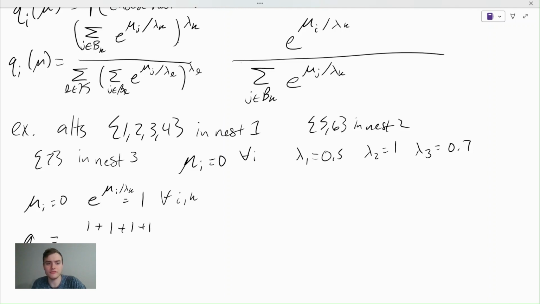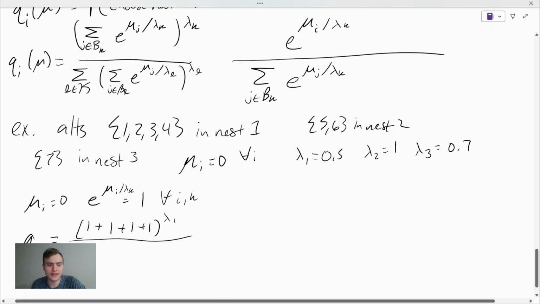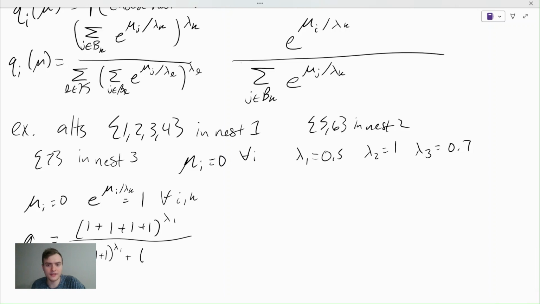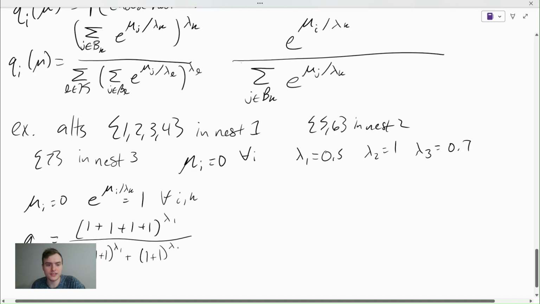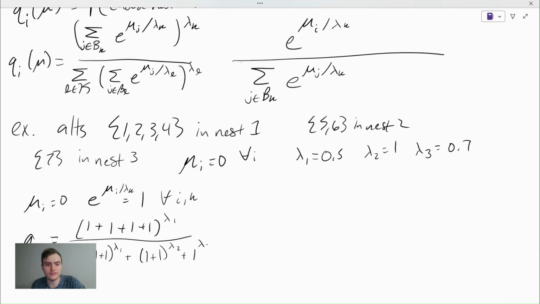So we're adding up 4 of these, and then raising it to the power of lambda 1, right? And then in the denominator, we're going to have that same thing for nest 1, and then we're going to add nest 2. We're going to have 2 alternatives being raised to the power of lambda 2, and then in nest 3, just 1 alternative to the power of lambda 3. And then we're going to look at this probability over this probability.